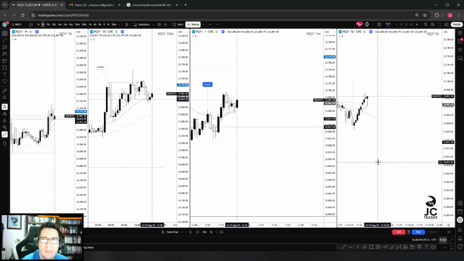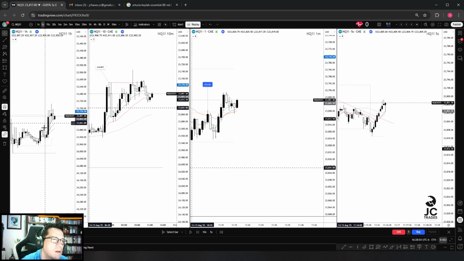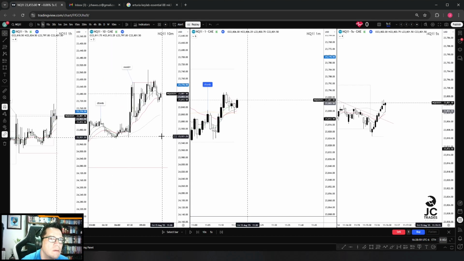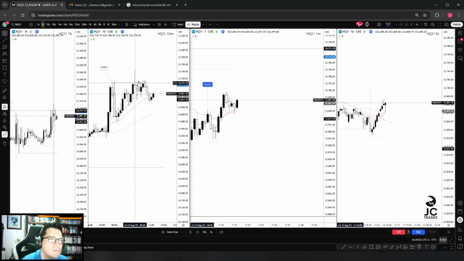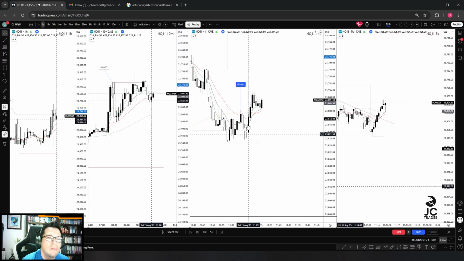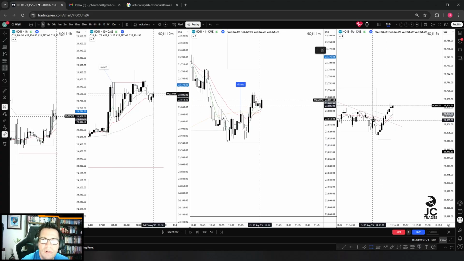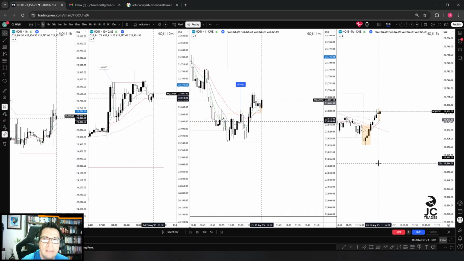So this could be, I'm going to just draw this here. This would be an MMB1 validated there, and then this is actually an MMB2 that has been built at this point.